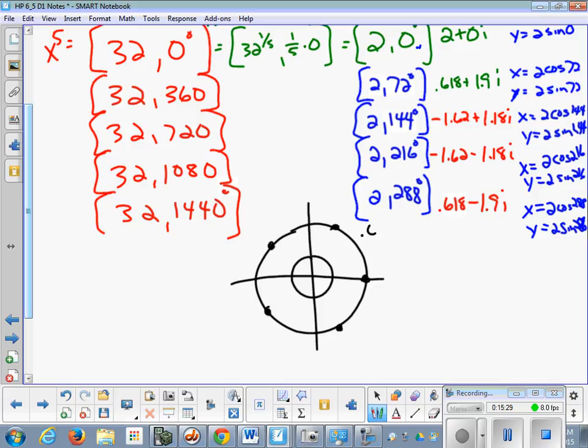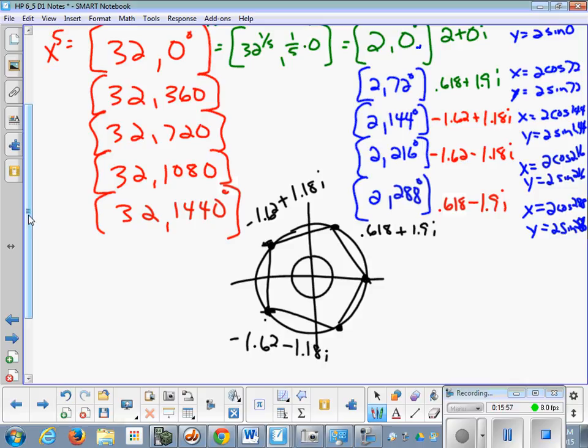And I had done this 0.618 plus 1.9i, and I had done this one as negative 1.62 plus 1.18i. And then I used the symmetry of this pentagon. Remember, these are all evenly spaced. These are up and down. This is back 1.62 and down 1.18, which is what I had put here. And this one is over the 0.618 but down the 1.9i.